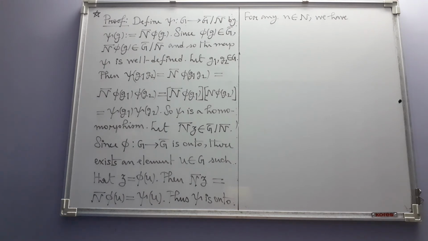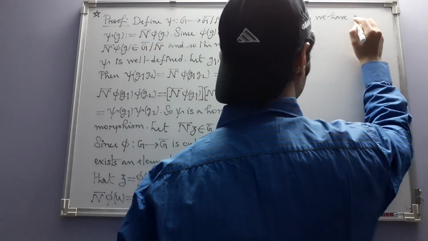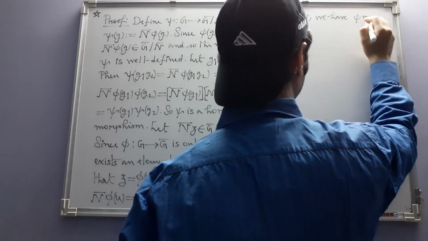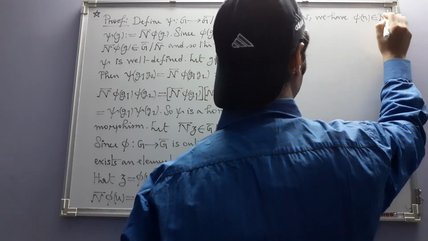N has been defined to be the set of those elements in G which are mapped by phi onto elements in N bar. So since this is an element of N, phi of n will belong to N bar.